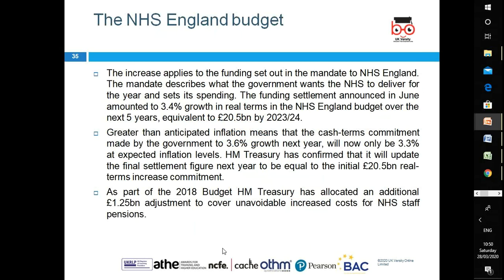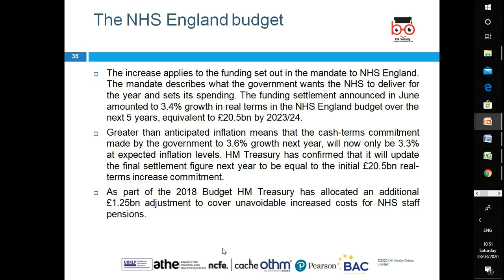So this is one example, the NHS England budget. If an NHS trust wants to plan, they have to look at the government's 3.4% growth in real terms in the NHS England budget over the next 5 years. We need to look at what inflation means in cash terms, 3.6% next year. Is the money we are getting more or less?